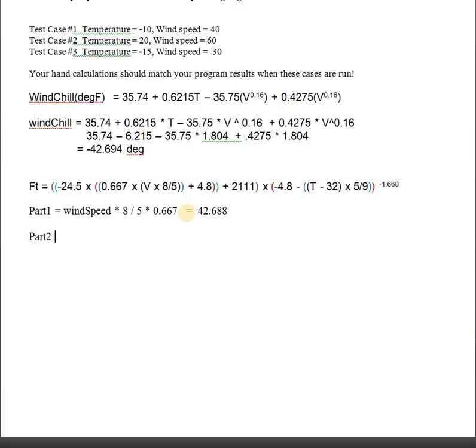Part 2, I'm going to make part 1 plus 4.8, and I'm going to put parentheses around that, and then I'm going to multiply by minus 24.5.